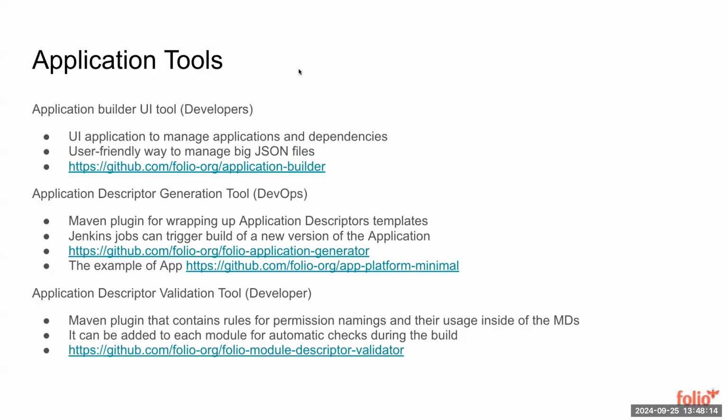And the last thing is an application descriptor validation tool. With the introduction of capabilities and capability sets, we strongly rely on permission naming inside of module descriptors. And we know that not all of them are good for you.